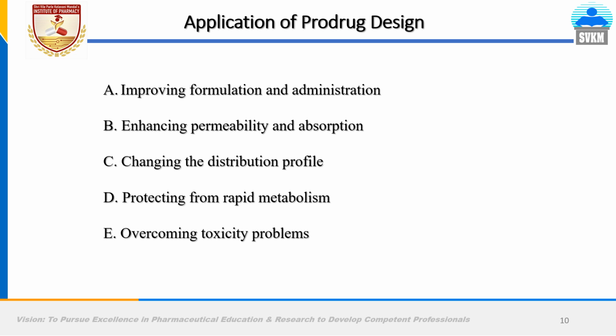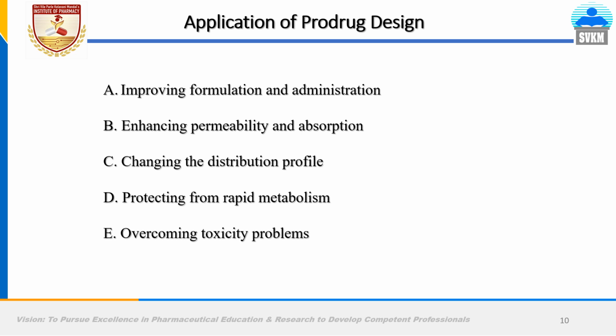If we have cancer in a particular area of the body, the cancer cell has a reductive environment, and that reductive environment can be used to design the prodrug. We design the prodrug in such a way that it will reach the cancer site, and by the reductive mechanism it is degraded into the parent drug, giving site specific action. This has been successfully done by scientists, and it is already reported in a lot of literature.